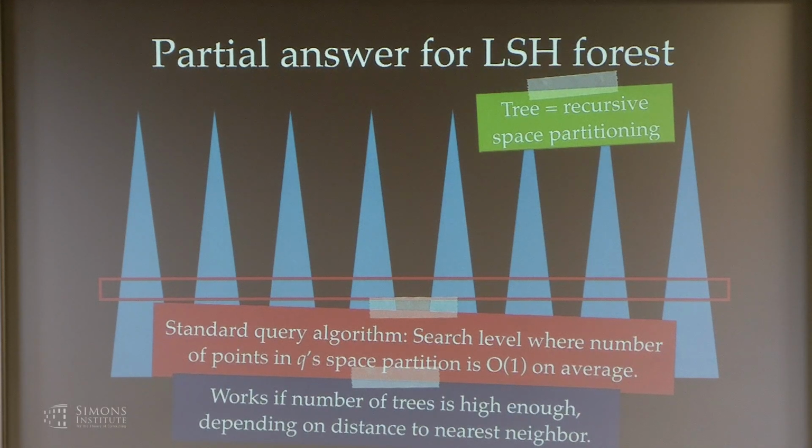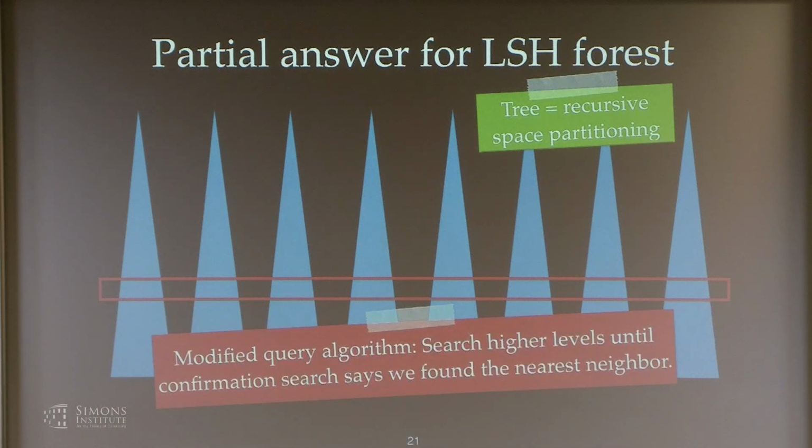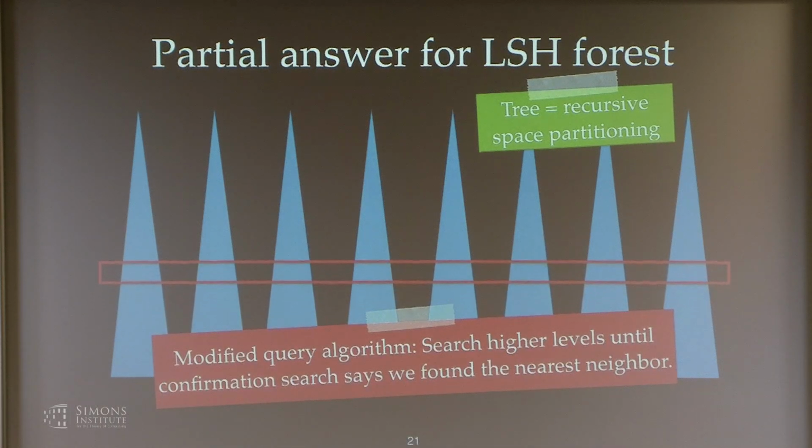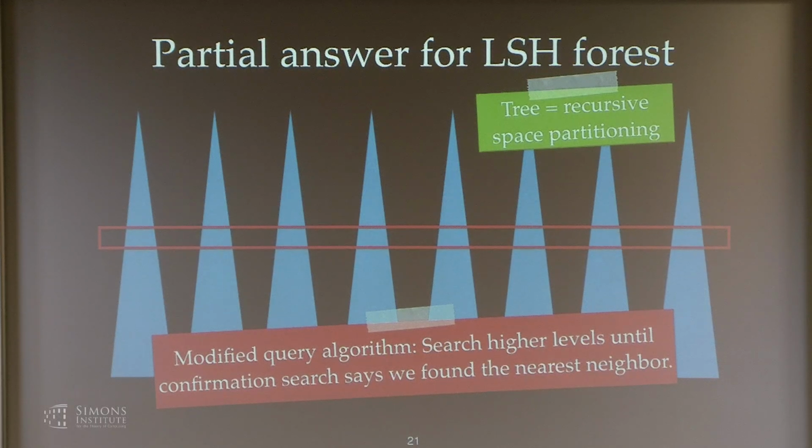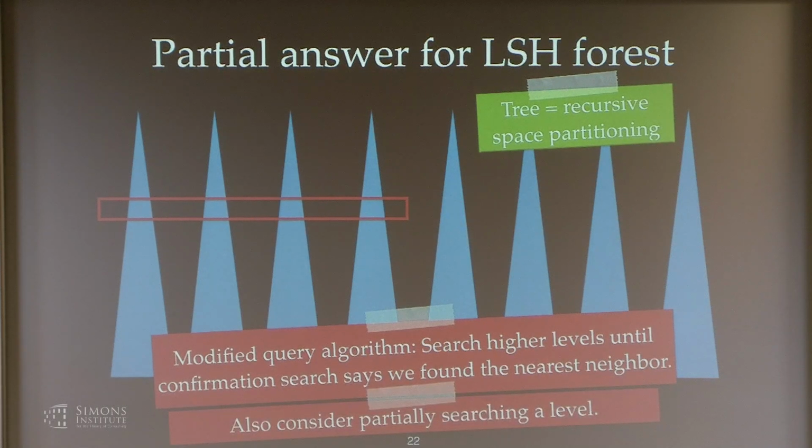So what we can do instead is to modify the query algorithm such that it doesn't just search this level where the number of points is constant on average, but also searches higher levels until confirmation sampling tells us that we can stop. It turns out that we also need to consider partially searching a level, so not searching all the trees in a level, but just searching a prefix of the trees to get the best results.